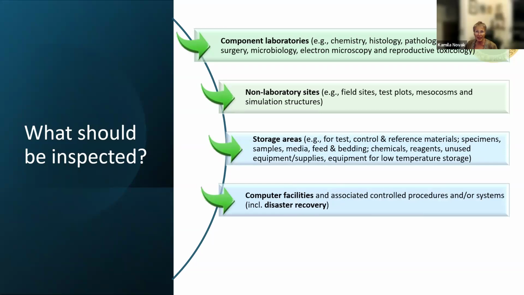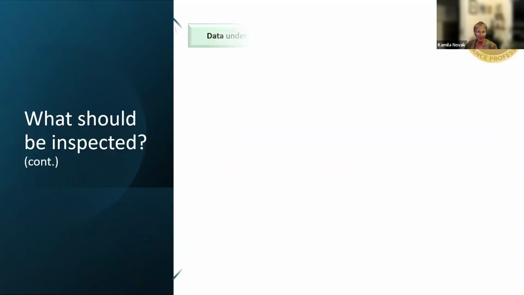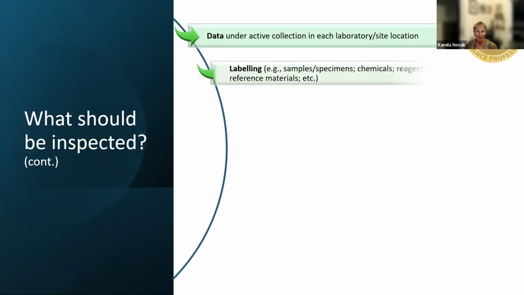Computer facilities and associated control procedures with systems, including disaster recovery, would be focusing on inspecting the facilities, either our own or that of our critical vendor. Protocols, SOPs, facility records, operating permits or related information on each lab site location. Data under active collection in each laboratory or site. Labeling.